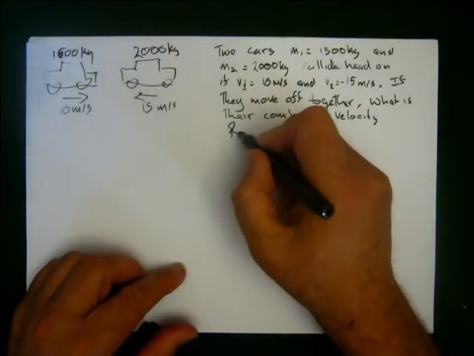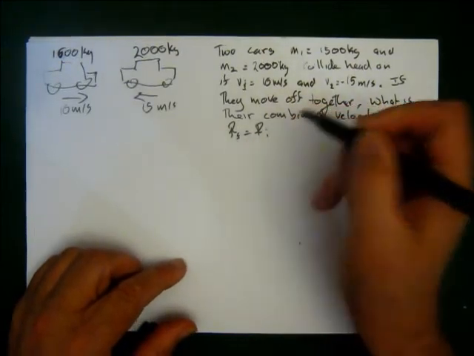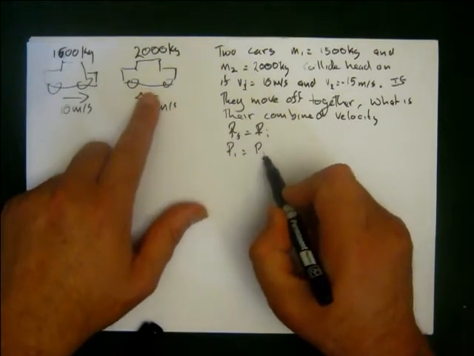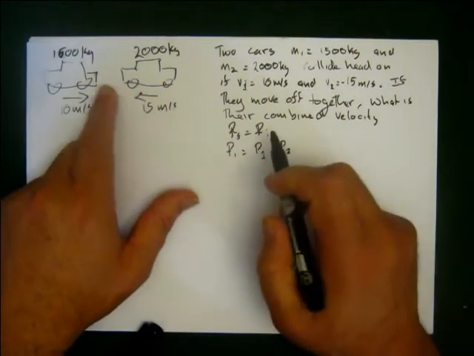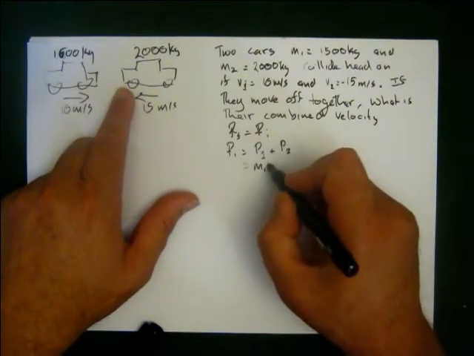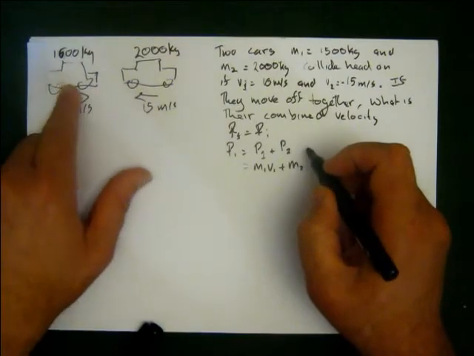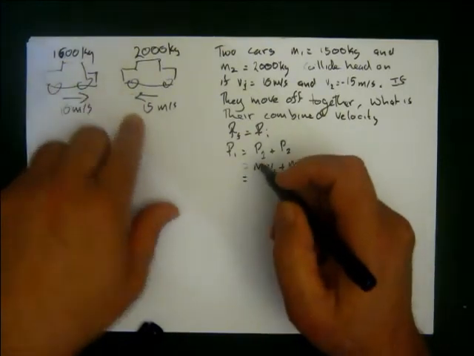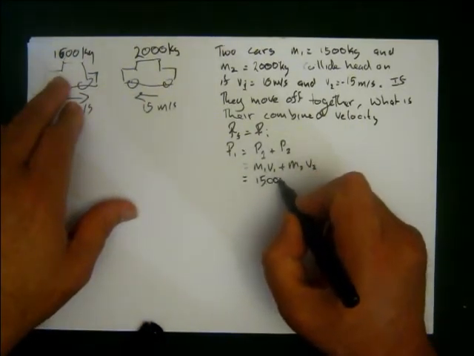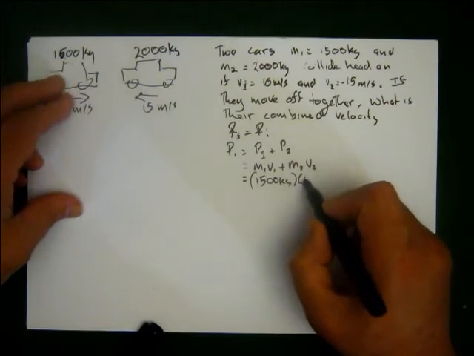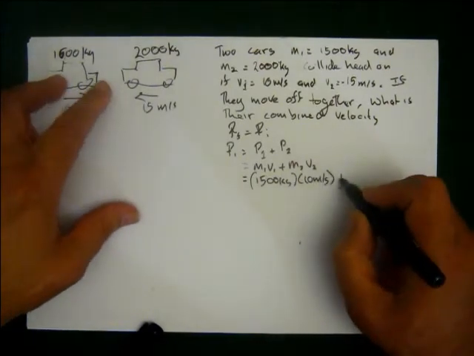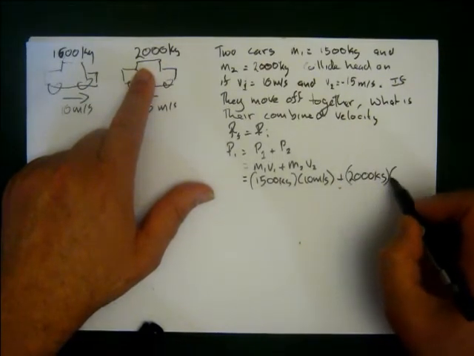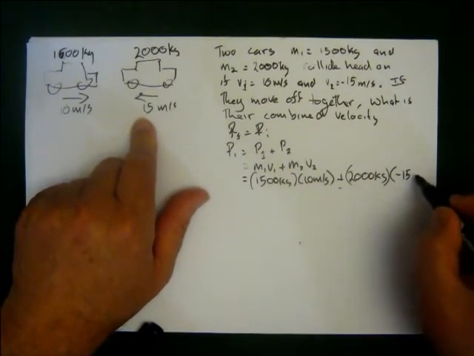P final equals P initial. So what's P initial? P initial is equal to P1 plus P2. It's equal to mass 1 velocity 1 plus mass 2 velocity 2, which is equal to 1500 kg times 10 meters per second plus 2000 kg times, and this is the big one, negative 15 meters per second.